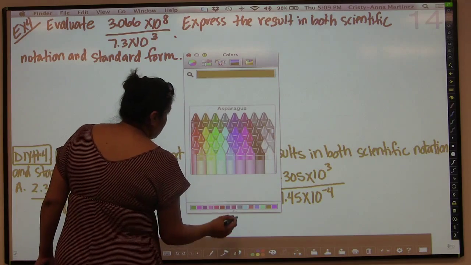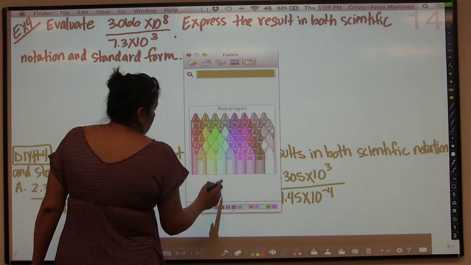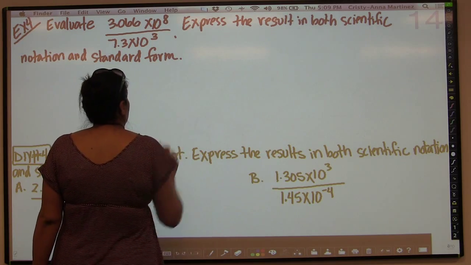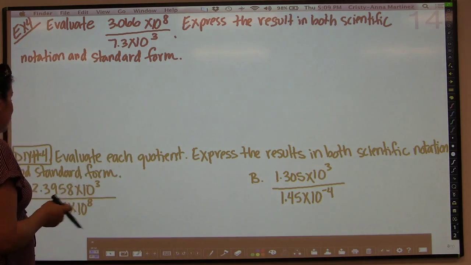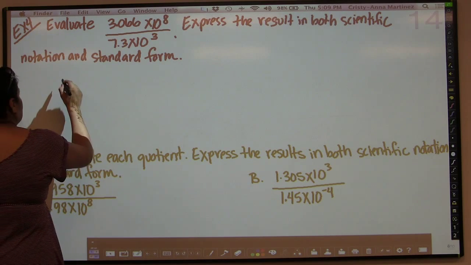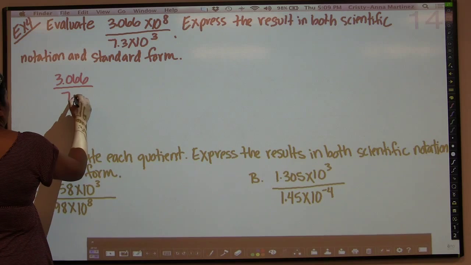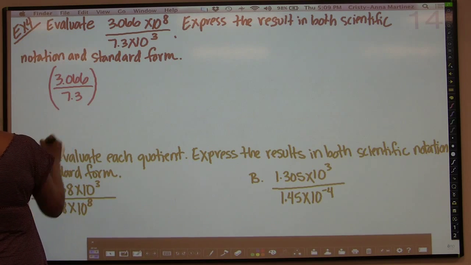It's done very much the same way that multiplication was, in other words, 2 pieces at a time. So we are going to take the 3.066 and divide that by 7.3, that's one portion.